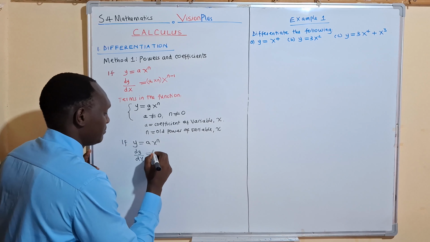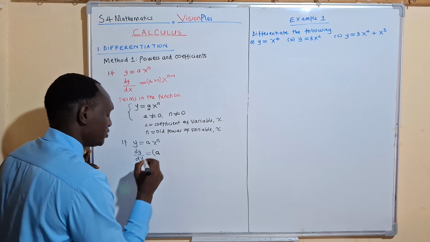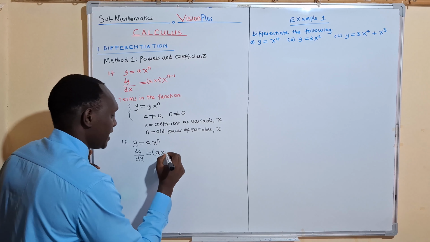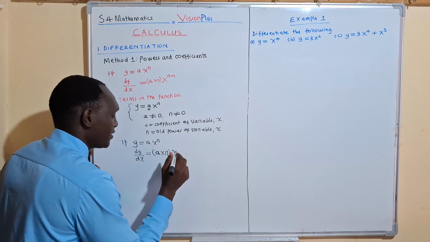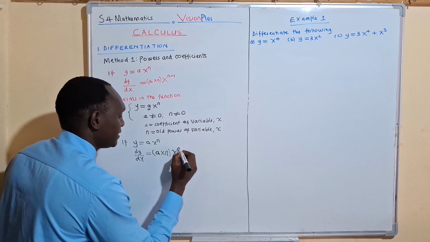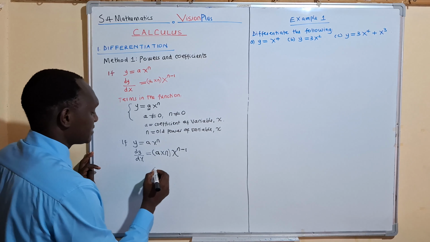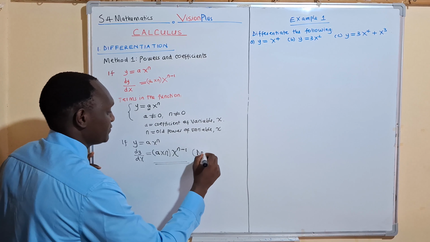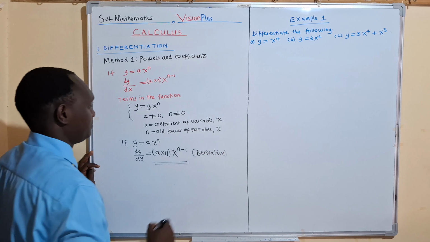Then you multiply the already existing coefficient a by the power of x, which is n. And then you write x again. Now the new power of x becomes n subtract 1. And this is what we are calling the derivative. We have differentiated the function.